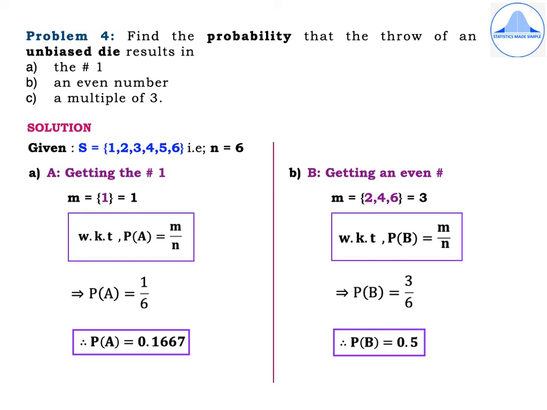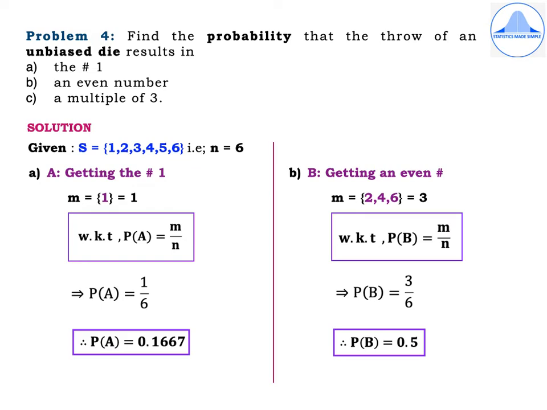Then write the formula for probability. We know that P(A) is equal to m by n, which implies P(A) is equal to 1 by 6, or P(A) is equal to 0.1667. Hence, the probability of getting any number on the die is 1 by 6, as I had mentioned earlier.